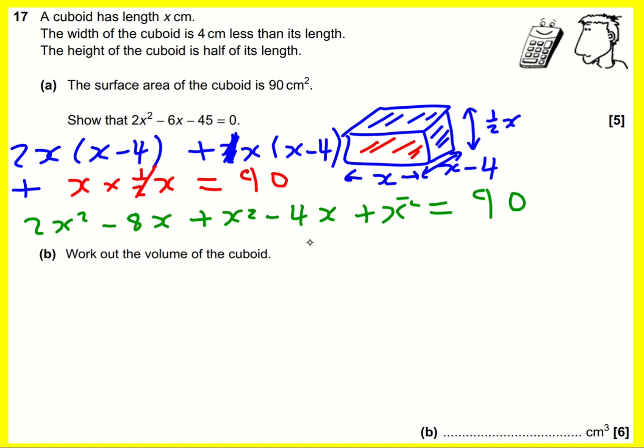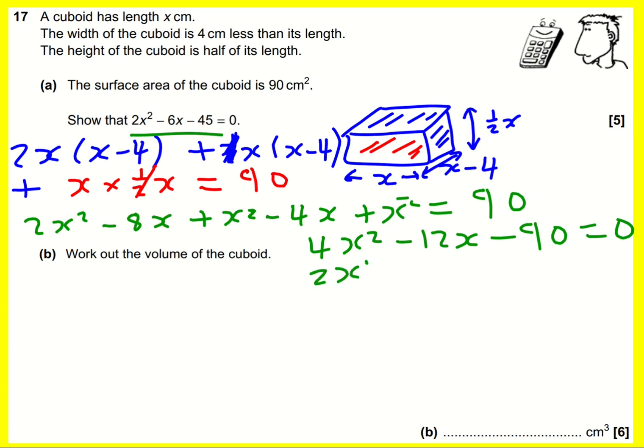I thought they were going to cancel there. I'm going to get 4x squared by combining my like terms, minus 12x. I'm going to bring the 90 over, so minus 90 equals 0, and then I can see I'm pretty much there. I just need to divide by 2. 2x squared minus 6x minus 45 equals 0.